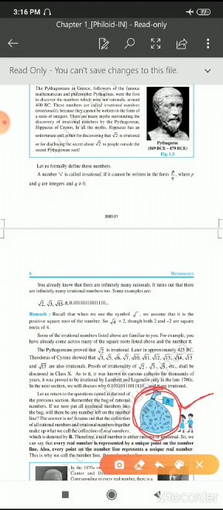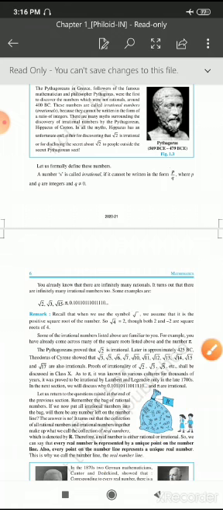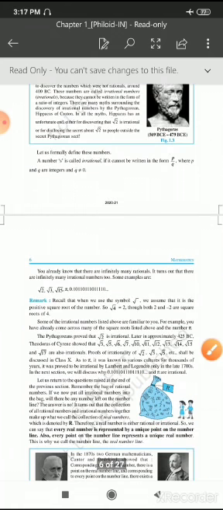The next type of numbers are irrational numbers. The combination of these two sets is called the set of real numbers.